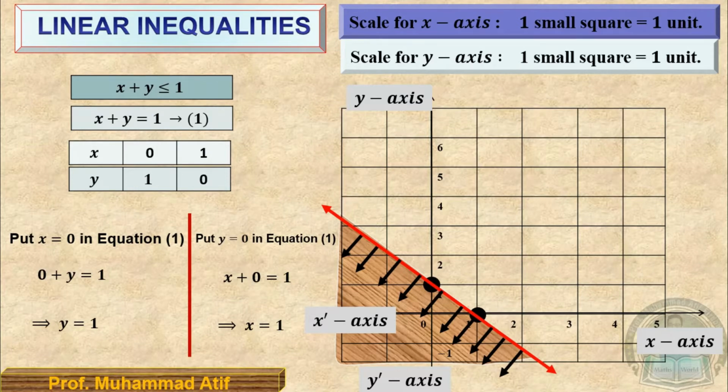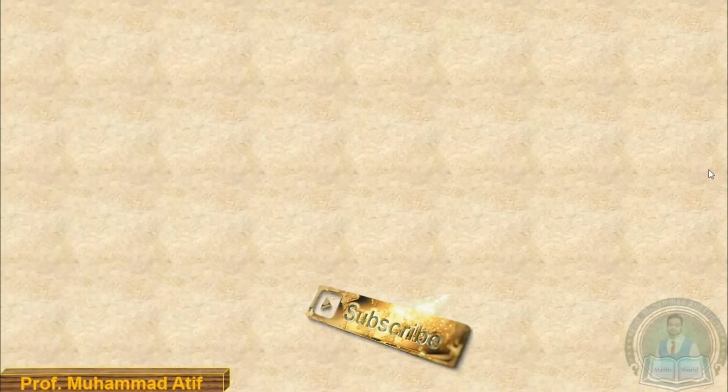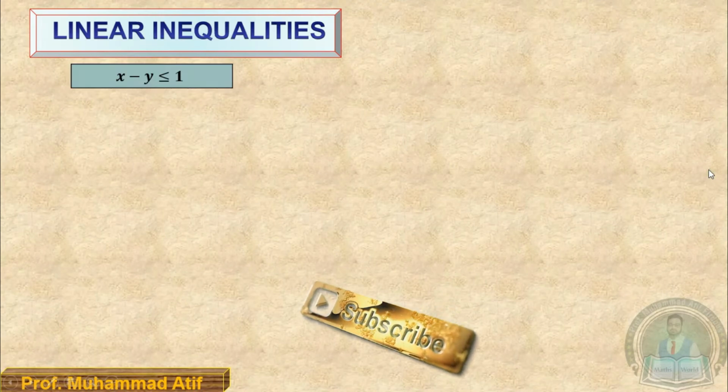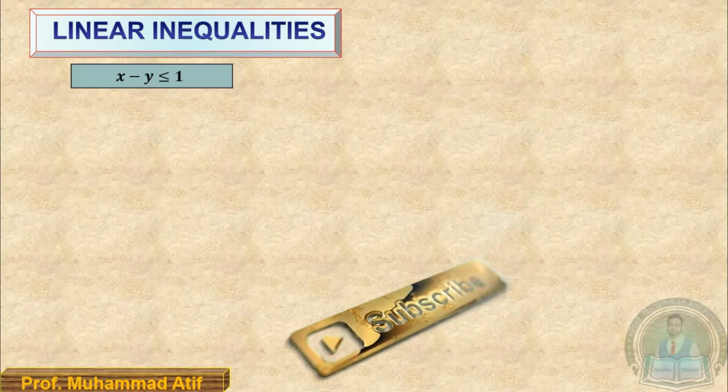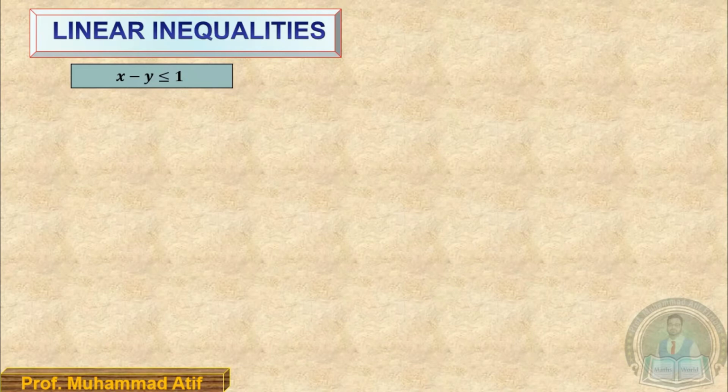Okay, so this is the first example, and now I am going to discuss a very similar example, and the difference is x minus y is less than or equal to 1. So you have to draw the graph of this and find the shaded area.